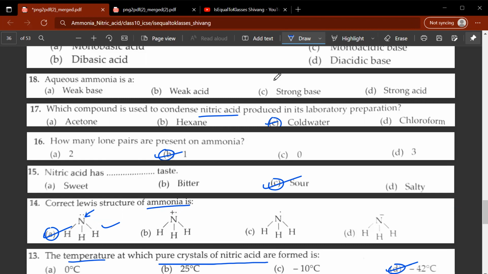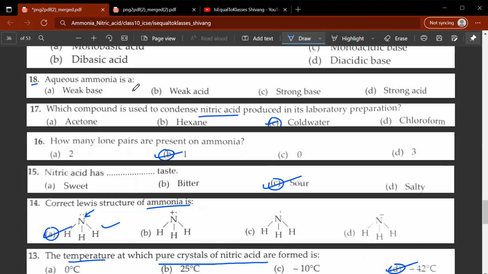The reason why you have to condense nitric acid is because when the reaction occurs, nitric acid is not by default produced in a liquid state. It is first produced in a vapor state, and then you have to condense it with the help of cold water to a liquid or a solution state.